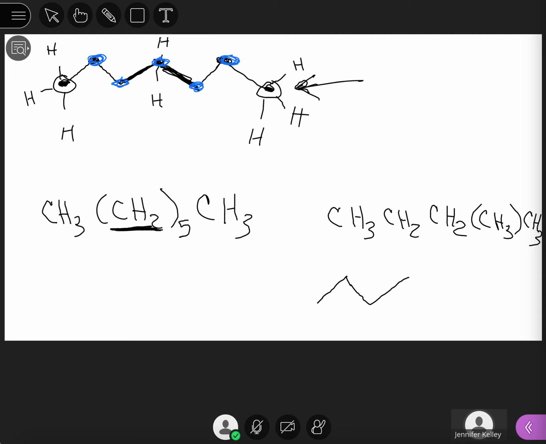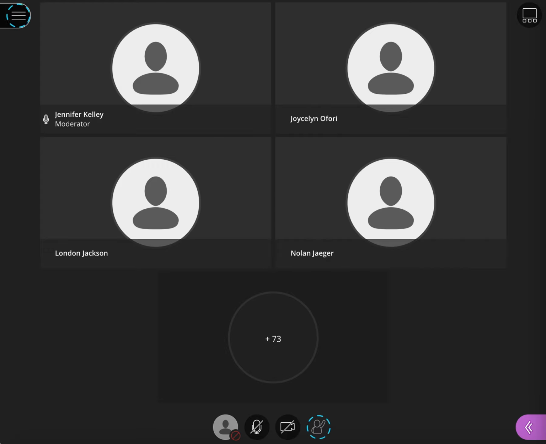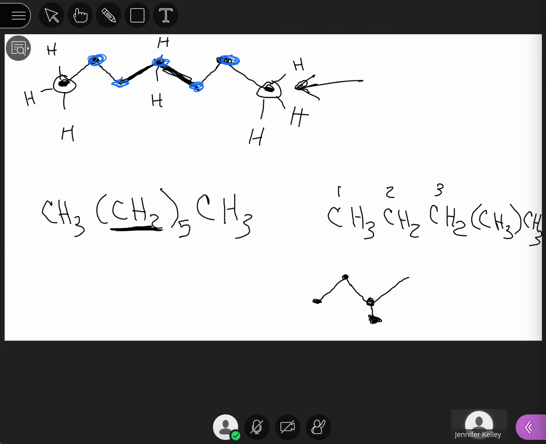And then on the third one from the left, so that's 1 here, 2 here, 3 here, you have another CH3. So this would be the CH3 that's added. So you've got C, C, C, C, and then on this one, you've got another C. Those all have H's. Actually, this one should just be CH.